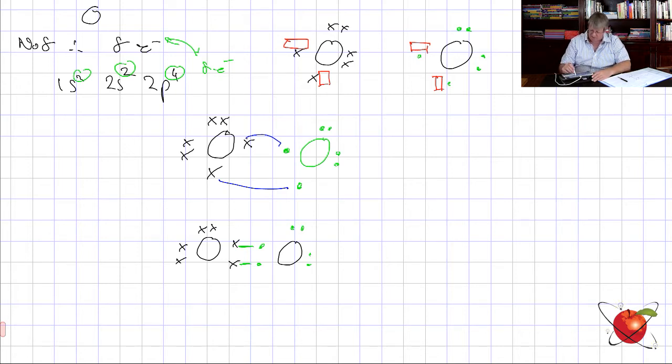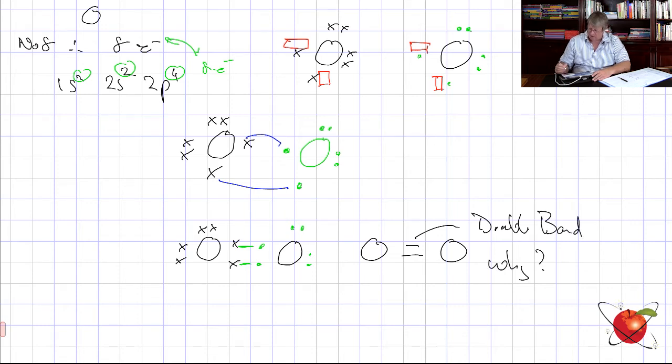The last thing, just for extra, is that oxygen, we say, has got a double bond. Why? Because 2 electrons, let me actually write it out properly, 2 electrons bond.